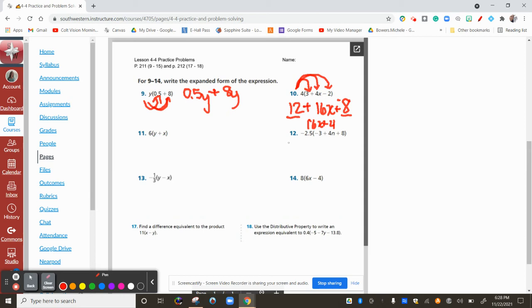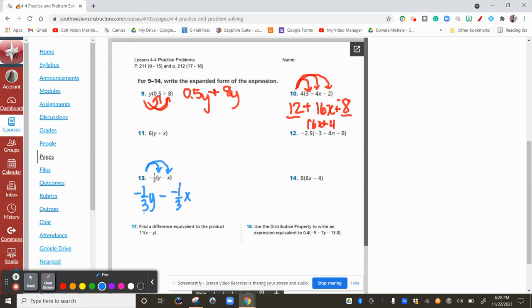So let's get to one where we get a lot of people making mistakes, maybe like right here, number 13, because you're distributing this negative 1/3, and you have the subtraction symbol. So what would happen is I would multiply negative 1/3 times y and negative 1/3 times x. Let me write that. And then I'm going to put the subtraction symbol here.